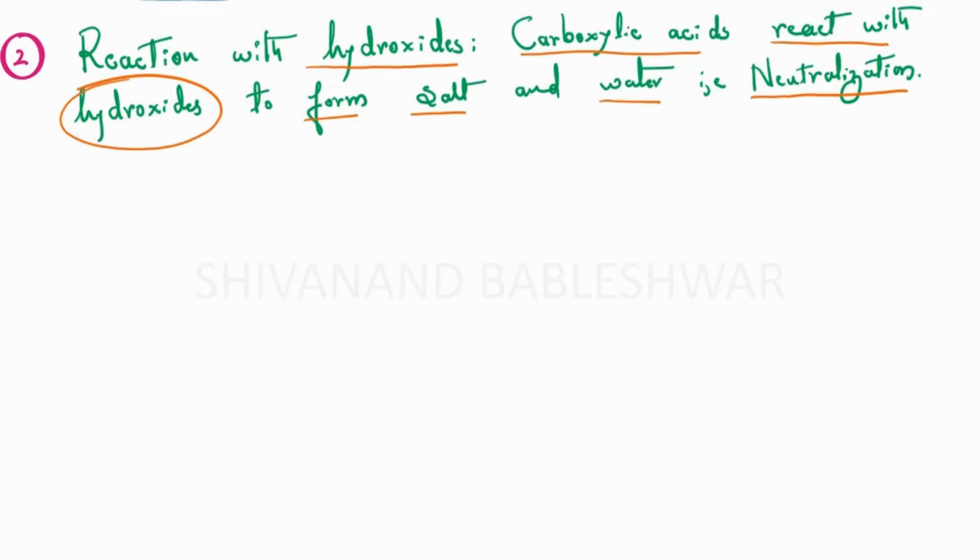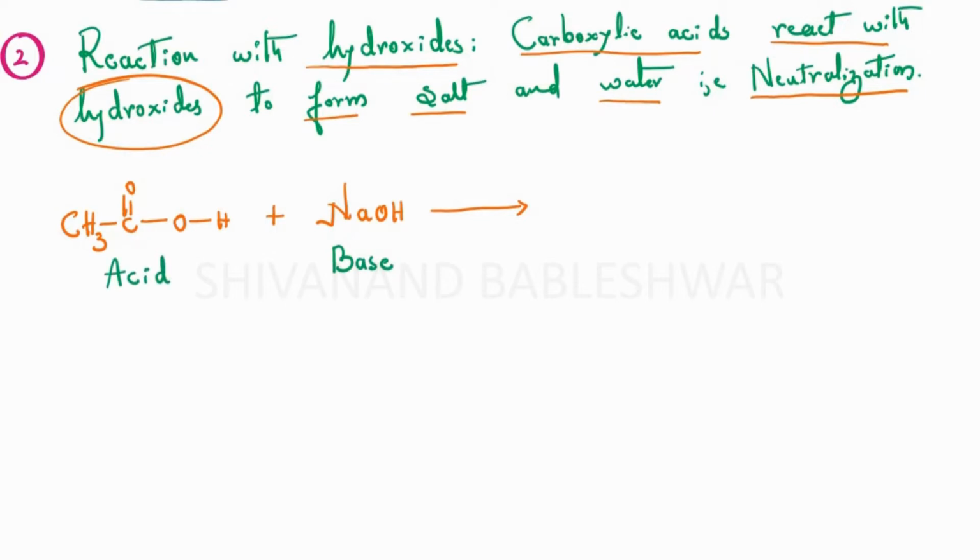Let us take a simple example of acetic acid, CH3C=O OH, when treated with sodium hydroxide, NaOH. We already know that NaOH is a base and this is an acid.